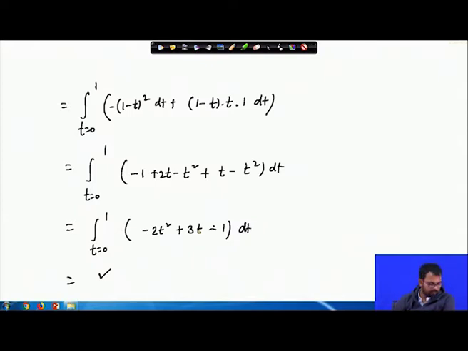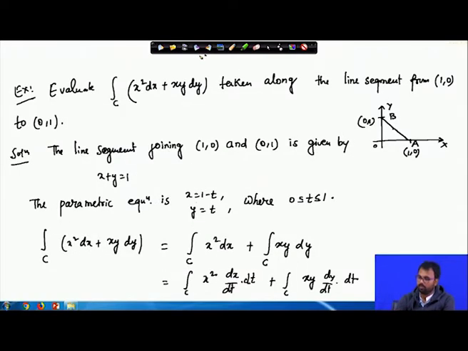Similarly, instead of this line segment, we can also be given, let's say, some circle. So taken along a circle, x equals cos t and y equals sin t, where t is between 0 and pi, let's say.